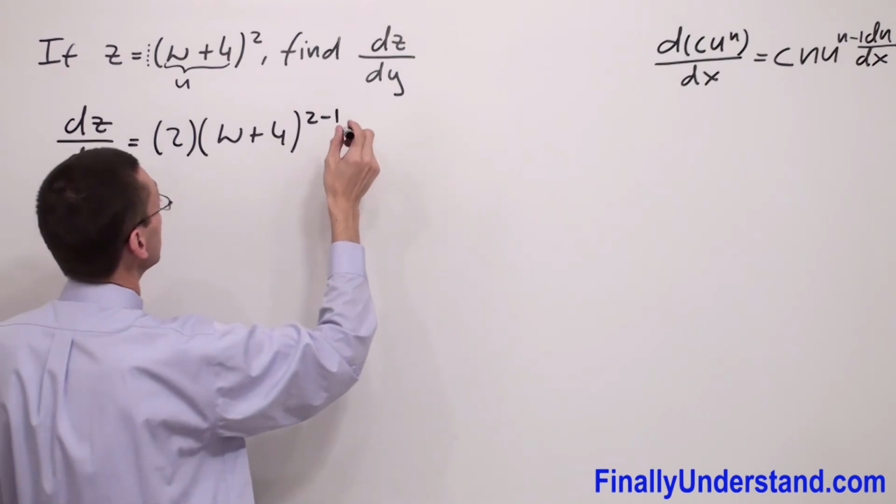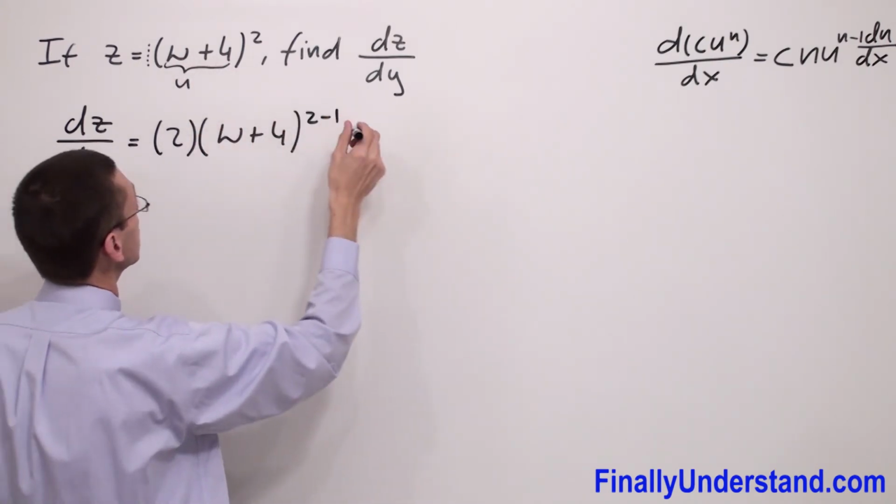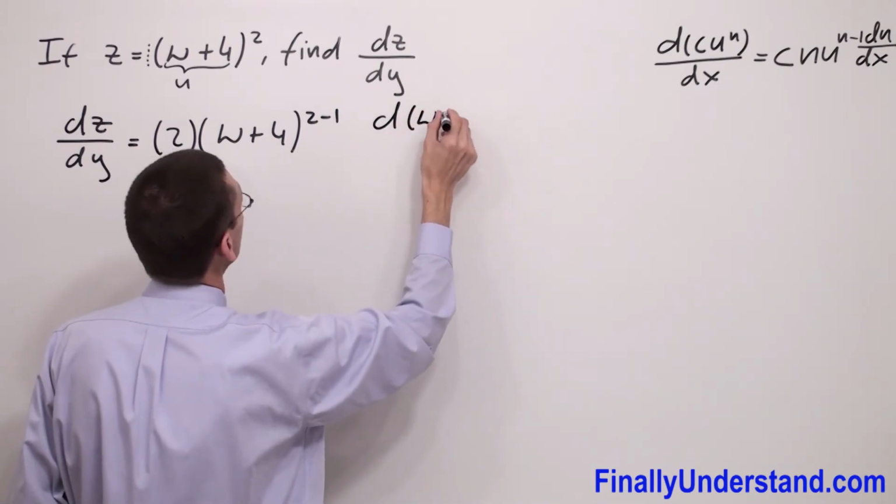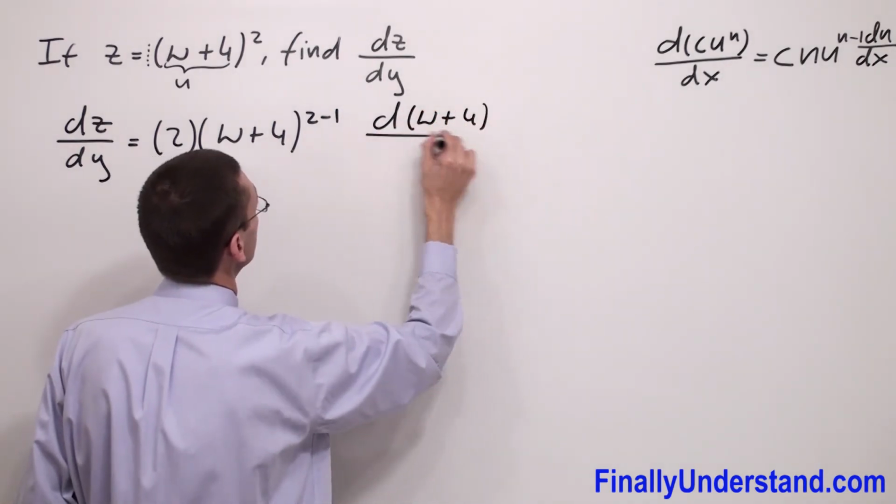So what am I supposed to write? I'm supposed to find the derivative of this. Let me do everything step by step. So the derivative of w plus 4 with respect to y.